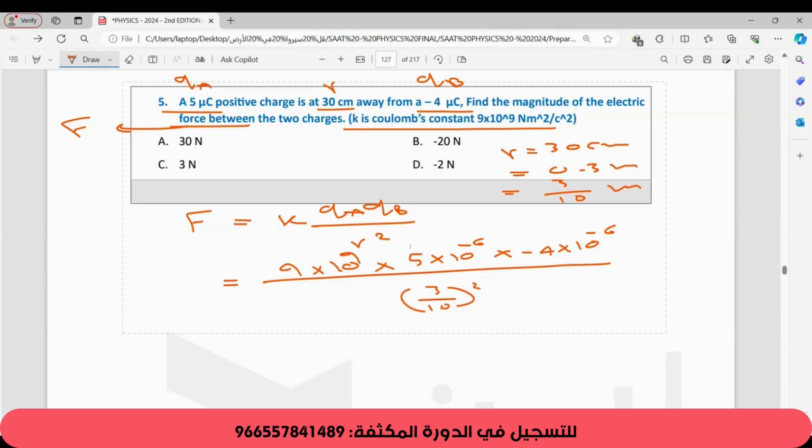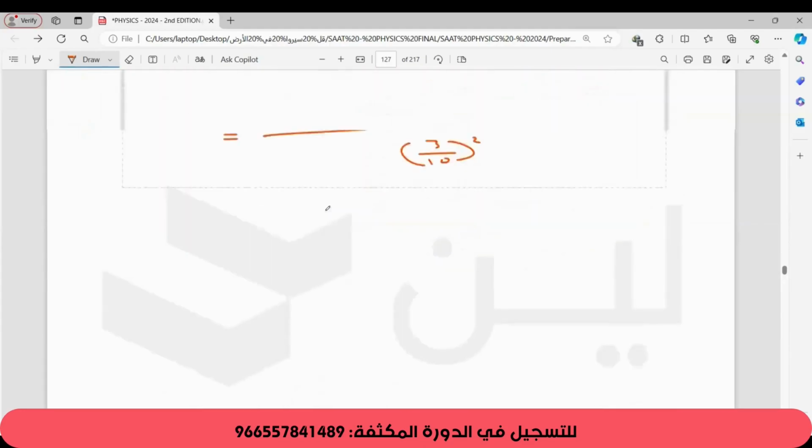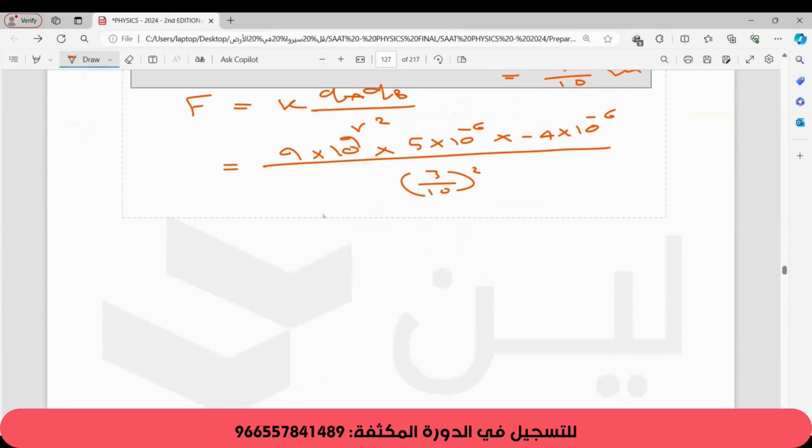It will be a little bit lengthy, but we have enough space there. So let's do this one. Now 3 over 10 squared, after squaring it, it will be 9 over 100. So now let's put it here again, 9.